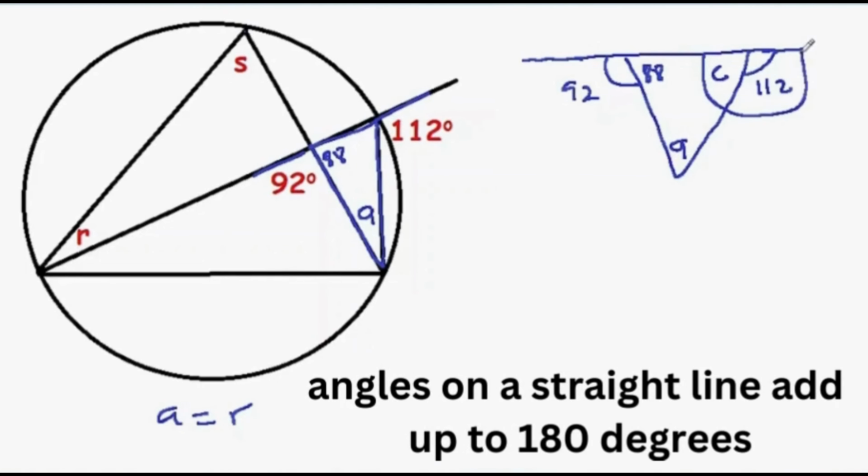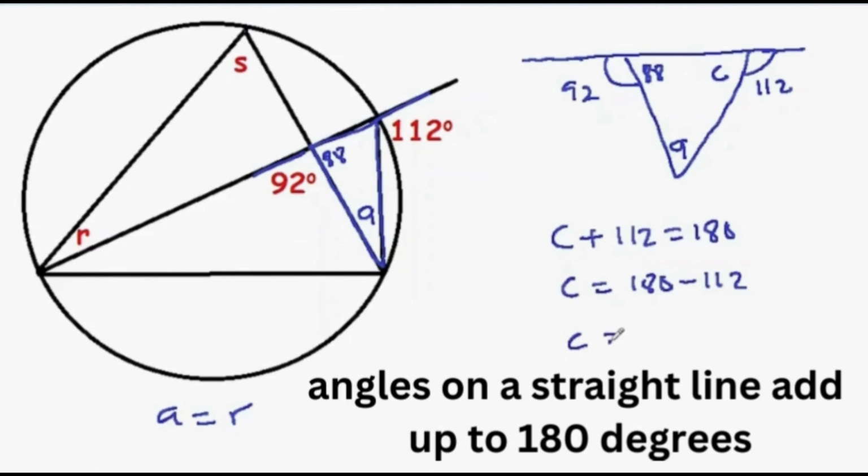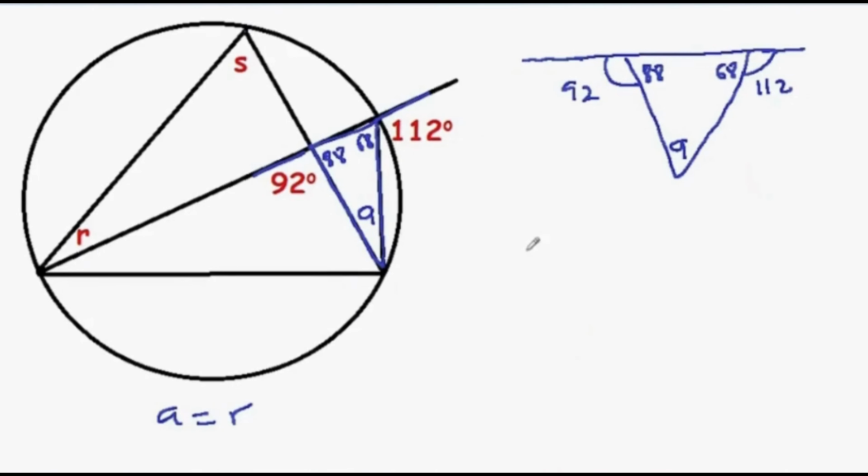So C plus 112 is equal to 180 degrees. C is equal to 180 minus 112, which gives us 68 degrees. So we write 68 here.